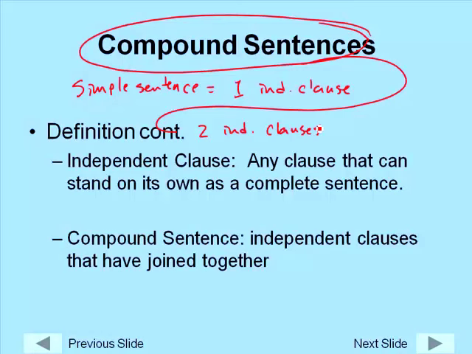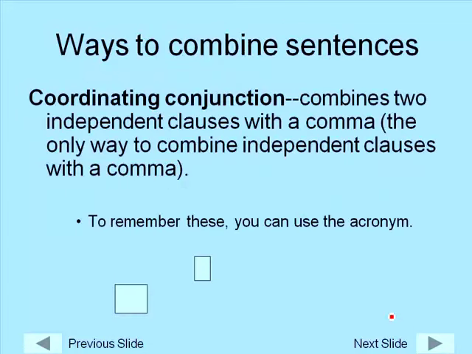So for example, an example of a simple sentence would be something really simple, like, Bob bought milk. And a compound sentence would be a combination of a couple of these independent clauses. I'll give you some examples of compound sentences here in a few minutes.